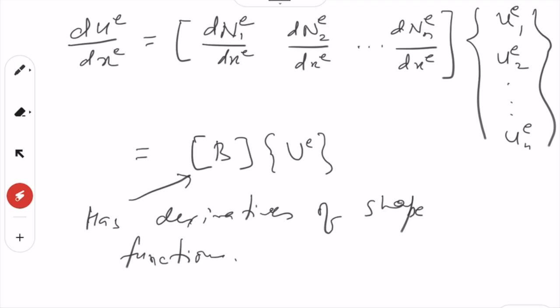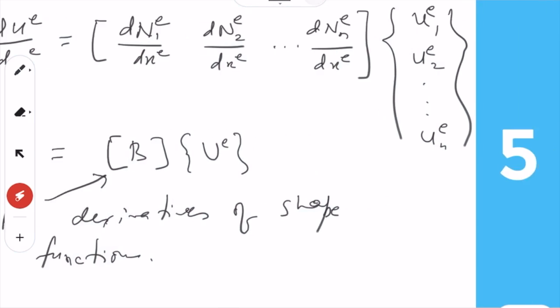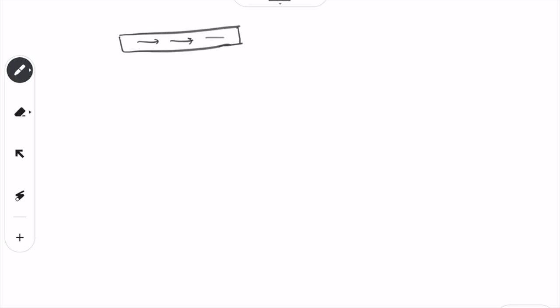The idea is, if you look at this one, we know that u is given like this, and the shape functions. Also we know that for one element, just see one element.